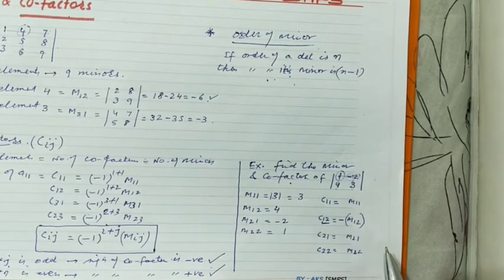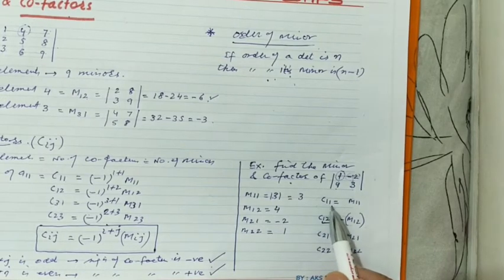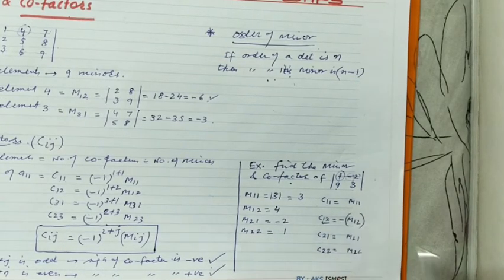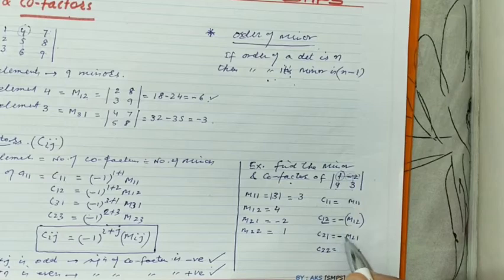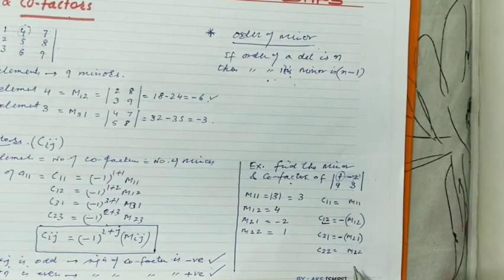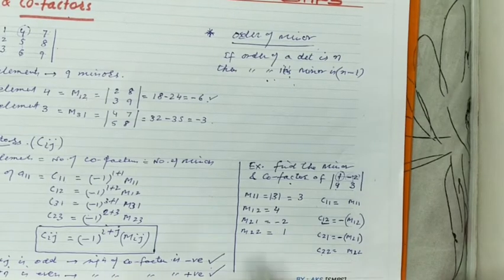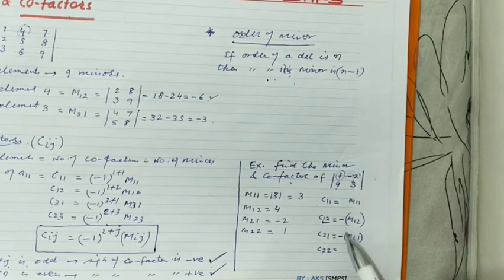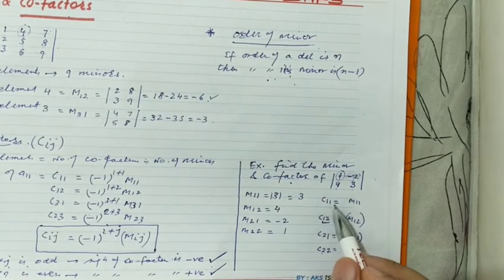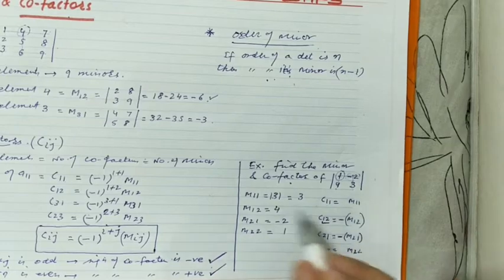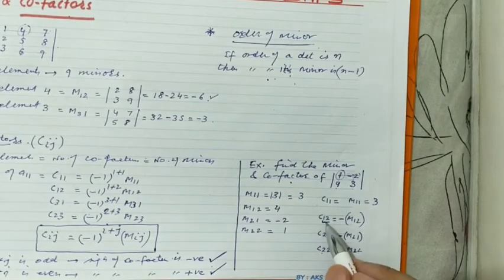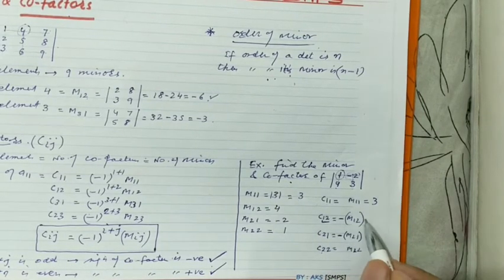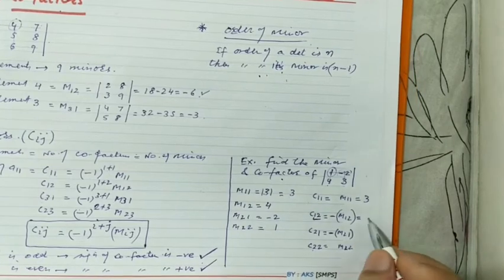For 1 plus 1, 2, the sum is even, so the sign is positive, with no negative sign. For 2 plus 1, 3, again odd, we write a minus sign. For 2 plus 2, even, there is no need for a minus sign. Using this concept, C11 is equal to M11, and M11 is 3, so the value of C11 is 3. C12 is minus M12, so you get minus 4.